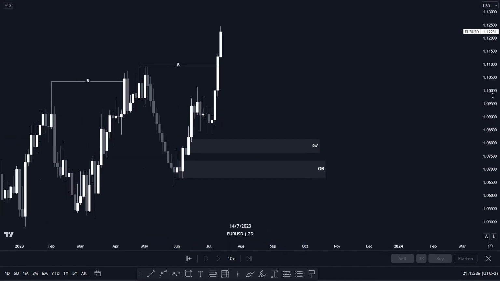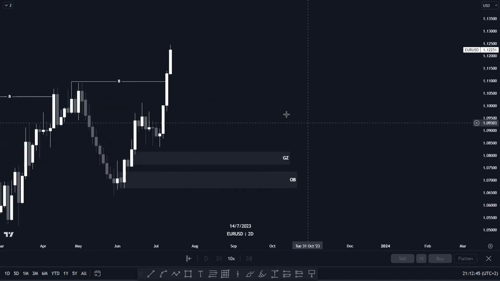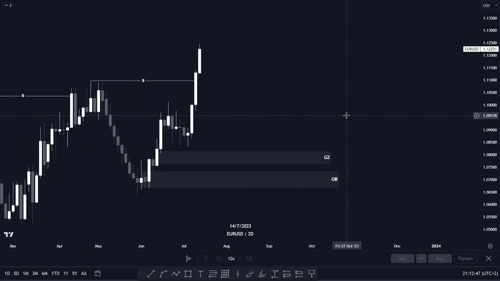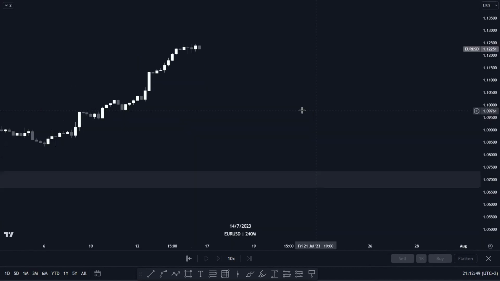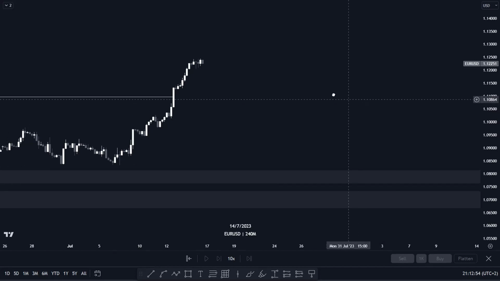So how do you catch your entries from this high to your golden zone or your order block entry? You scale down to your lower time frame and you wait for your change of character or your SMS.